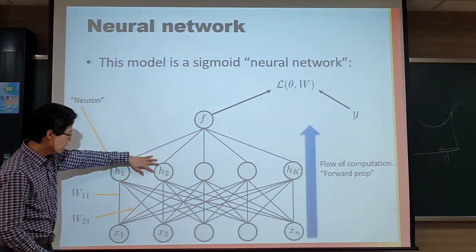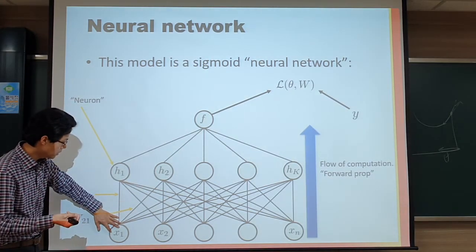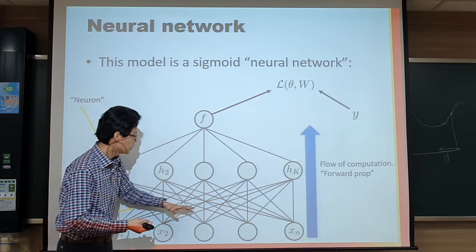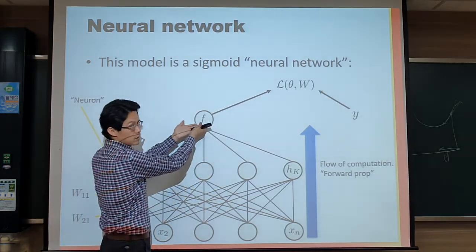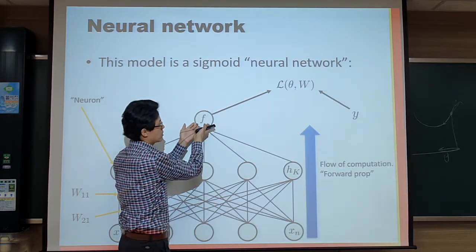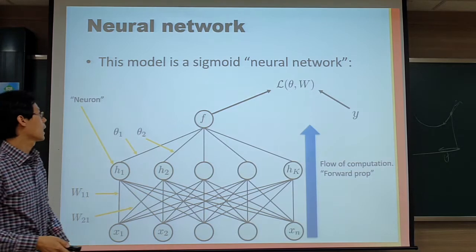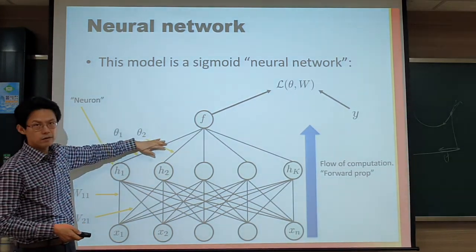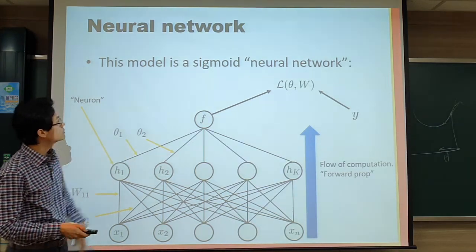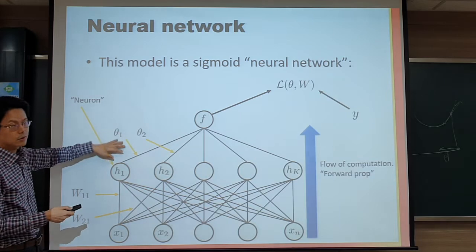For this neuron, we use a different weight for each different input RGB value, and then we extract a certain feature, and then we do the classification, and hopefully the classification matches our ground truth label, in this case y. And in this level we use another unknown, theta, that's the actual parameter. Basically, in a way, this model is a kind of sigmoid neural net.